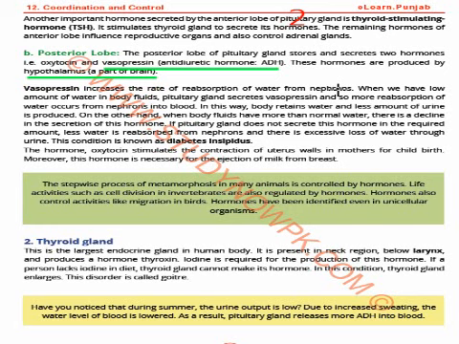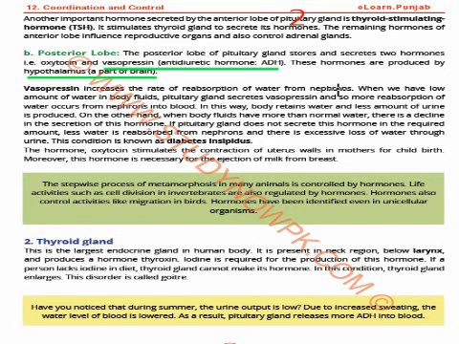Remember, during the process of excretion, it was explained to you that the reabsorption of water is balanced. Why? Because of this hormone. Vasopressin balances the reabsorption of water. When we have a low amount of water in the body fluid, the pituitary gland secretes vasopressin, so more reabsorption of water occurs.